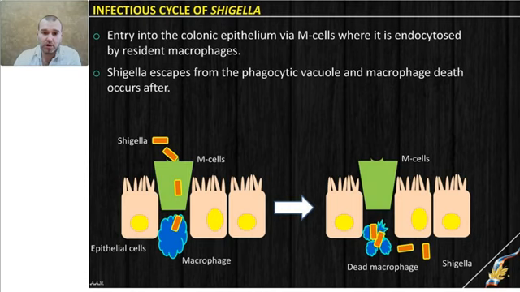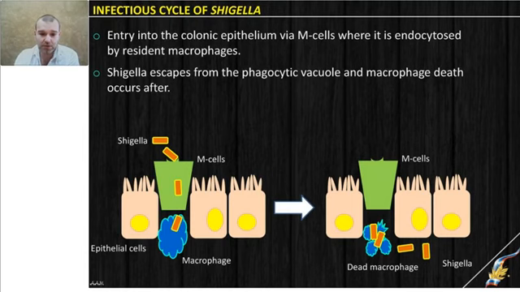If we talk about the pathogenesis and infectious cycle of Shigella, it is very complex and difficult, with multiple steps. I will show you only the key stages of the disease, just to understand how it can develop. In routine shigellosis, bacteria are ingested with food or water and get into the intestine, into the colonic epithelium, and via M cells penetrate into the subepithelial space.